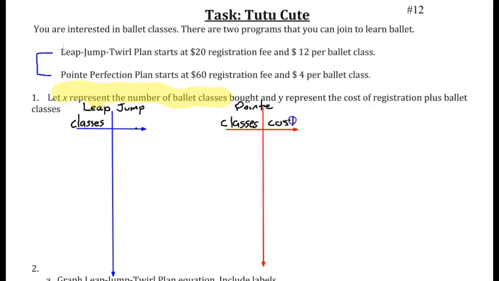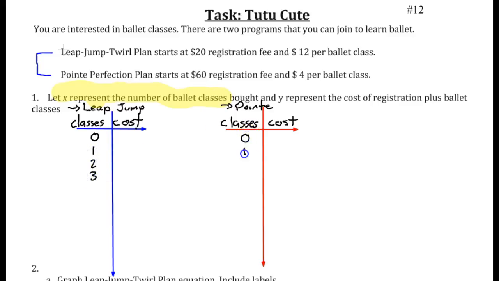But there are different words for cost. It could be revenue. It could be many things. And yes, these do count. Having the title of your table, just like having a title of your graph, labeling the lines, all that stuff actually will count for actual points on all your quizzes and tests for these. Because we want to be able to look at each table and know exactly what it is that we're looking at.